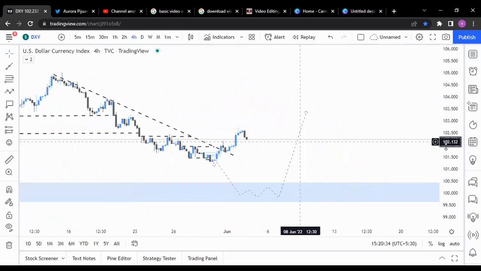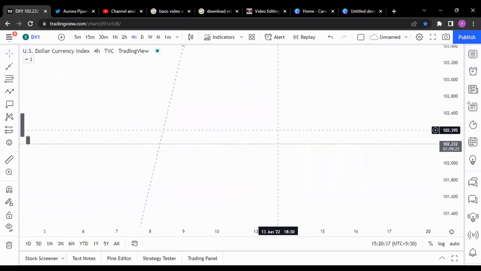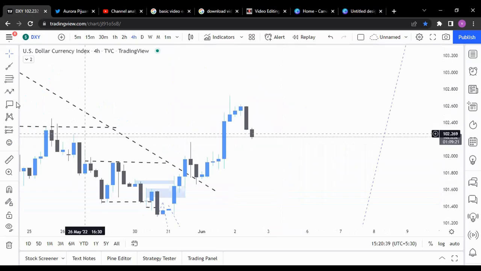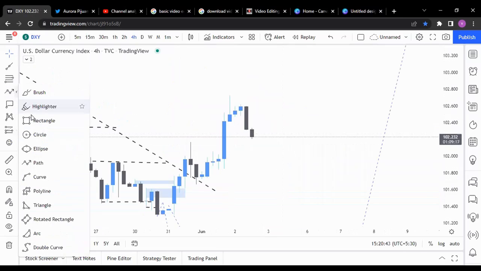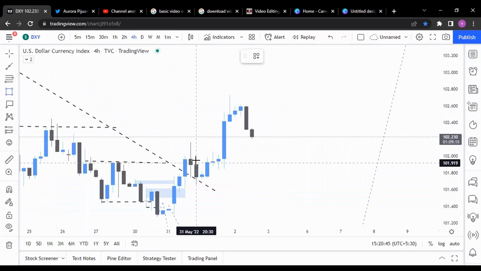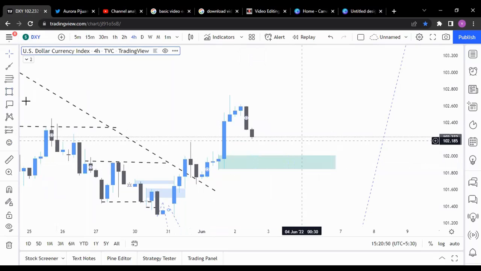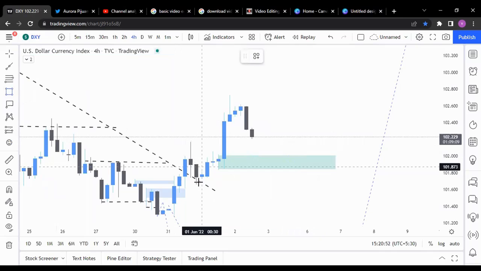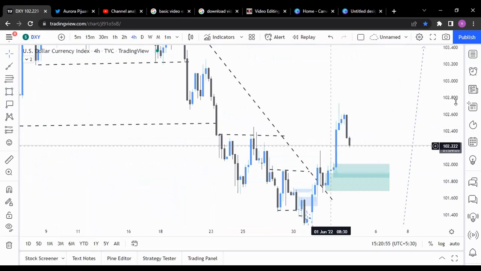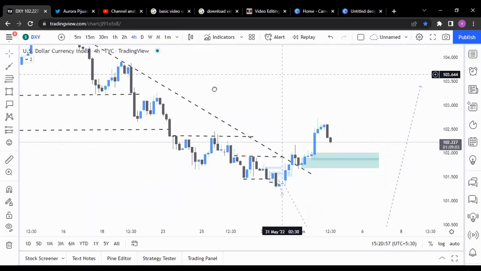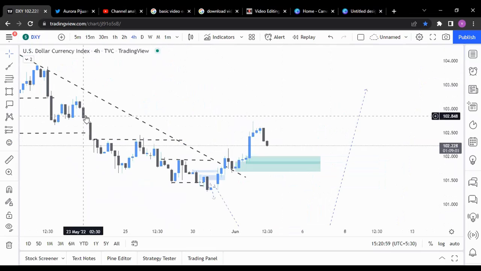So my guess and my projection is that the price is coming back to test the structure here, breakout, right? First we have a whole B around this area, and also we have another one probably around this area. So what I'll be looking for now will be my buy projection, since I was looking for a sell projection before.